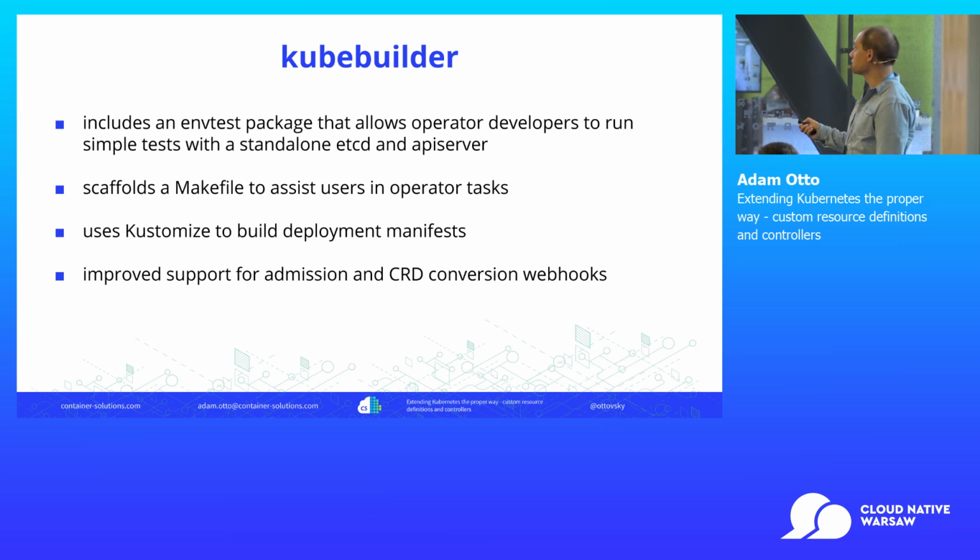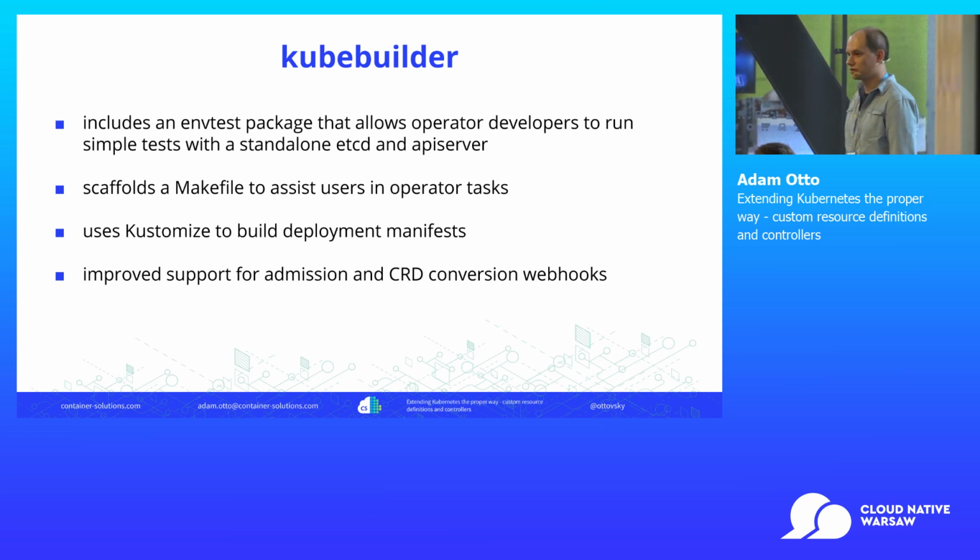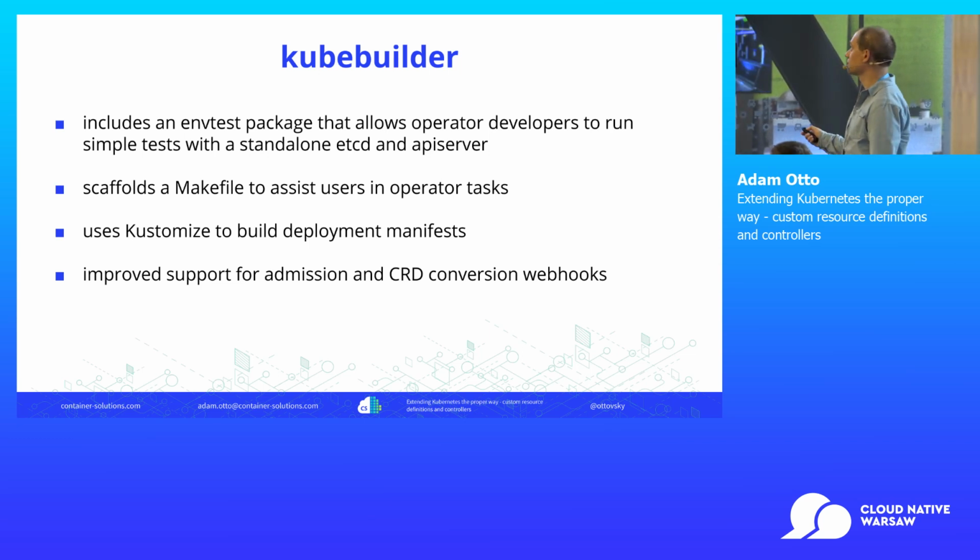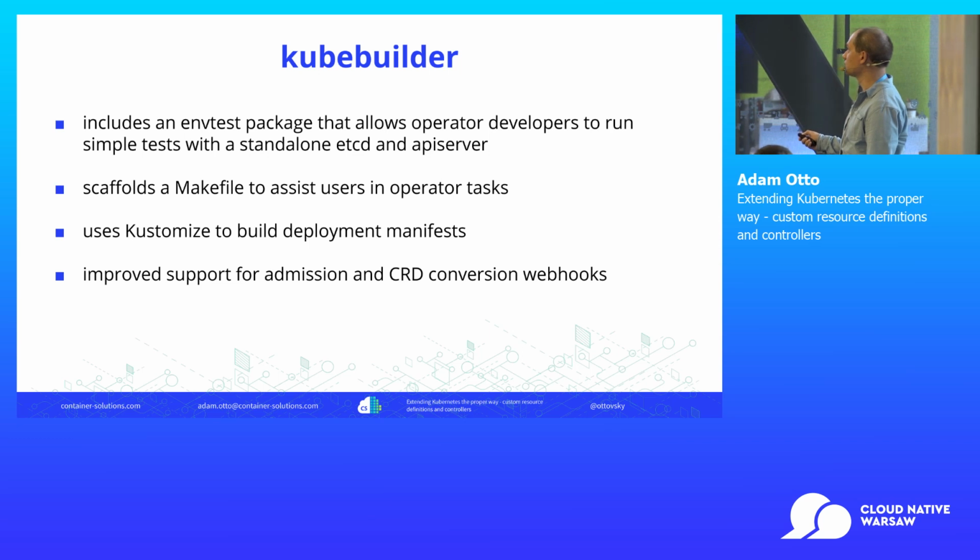It uses Kustomize instead of the standard manifest for deploying the operator and the custom resources managed by it. And it has better support for admission and custom resource conversion webhooks. For example, if our CRD has multiple versions, then kubebuilder is the one supporting this at the moment. The operator-sdk is still lacking this support.